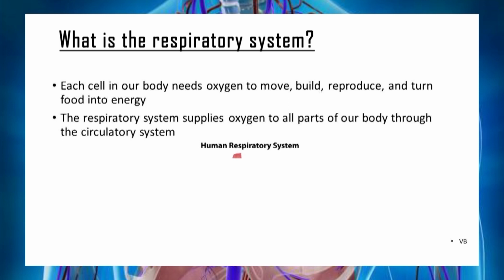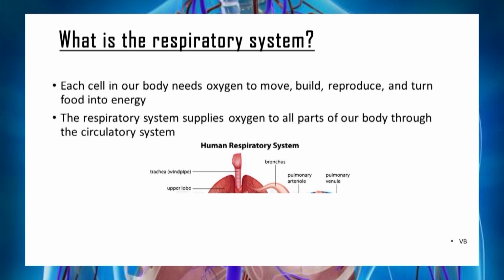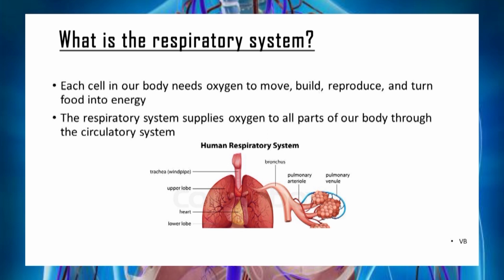The respiratory system is basically the network of organs and tissues that help us breathe. It includes our airways, lungs and blood vessels. The muscles that power our lungs are also part of the respiratory system. These parts work together to move oxygen throughout the body and clean out waste gases like carbon dioxide.